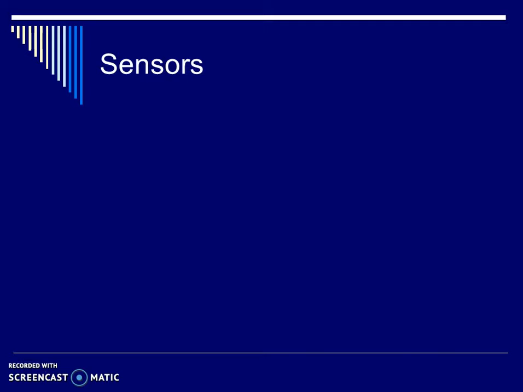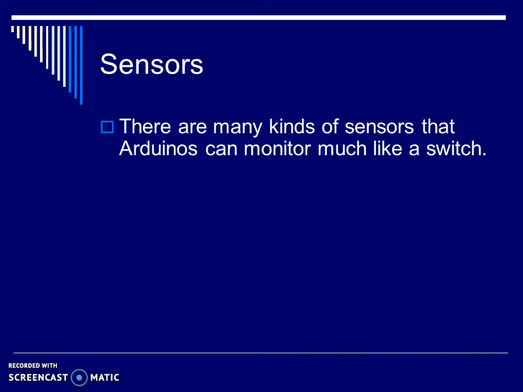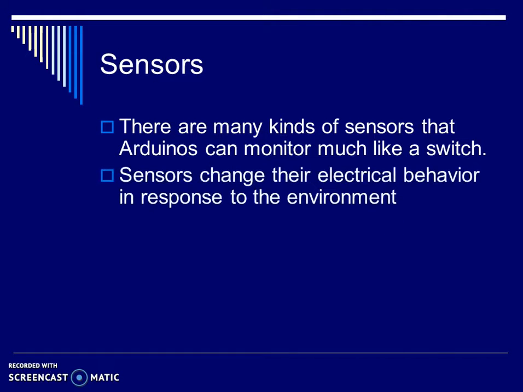So what about sensors? We have lots of options for Arduino monitoring sensors, much like the Arduino monitors a switch. Sensors, really, we could spend a great deal of time talking about sensors. There are many industries that are built simply around the idea of sensors, and in fact some very sophisticated sensors have been put in place.